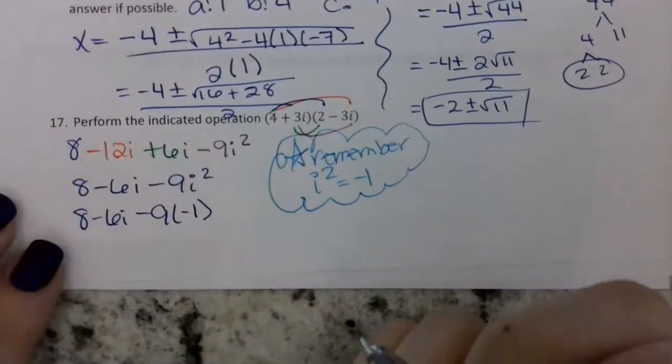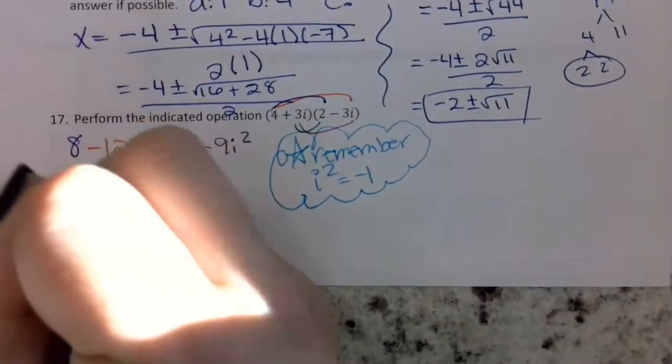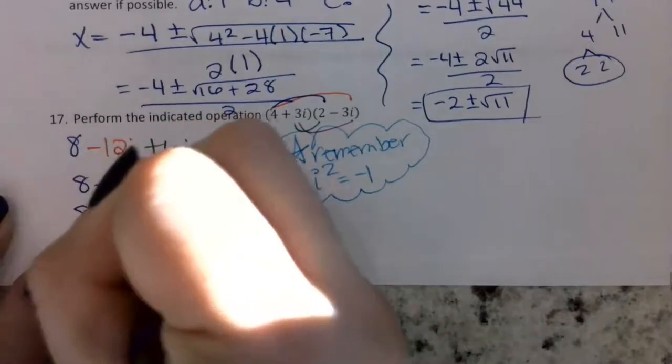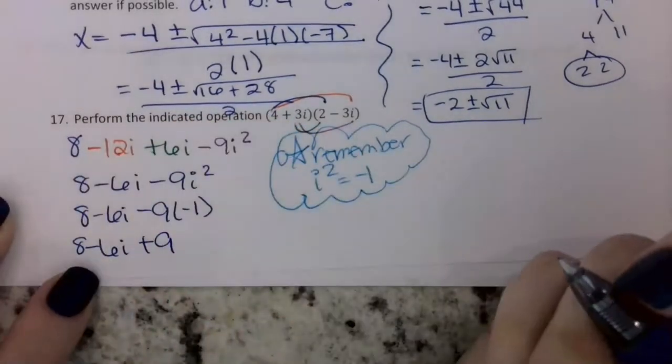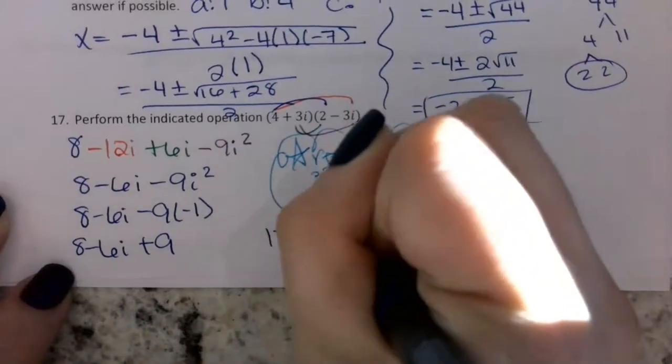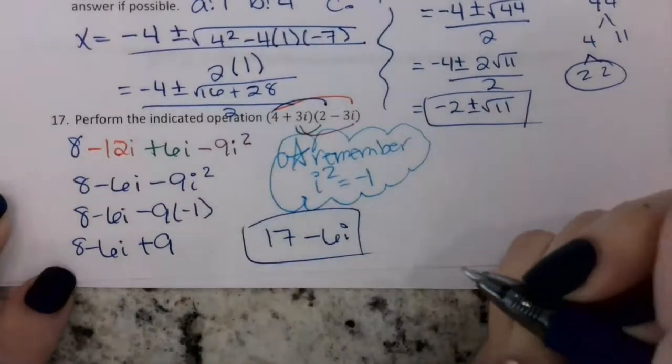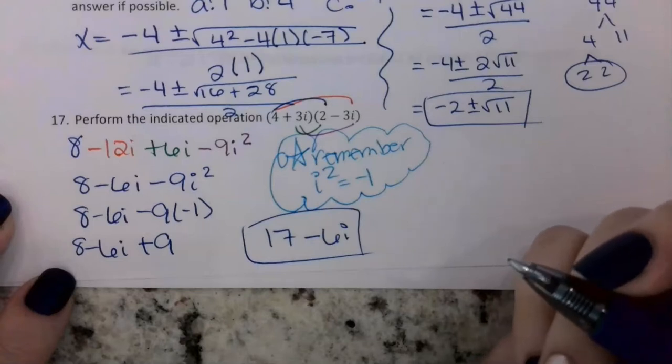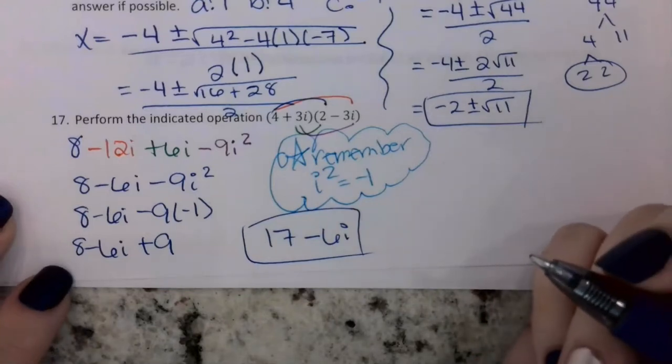Then I can multiply negative 9 times negative 1, which gives me positive 9. I can add 8 and 9, which gives me 17 minus 6i. And then in standard form, we always write the real part first, and then the imaginary part second.